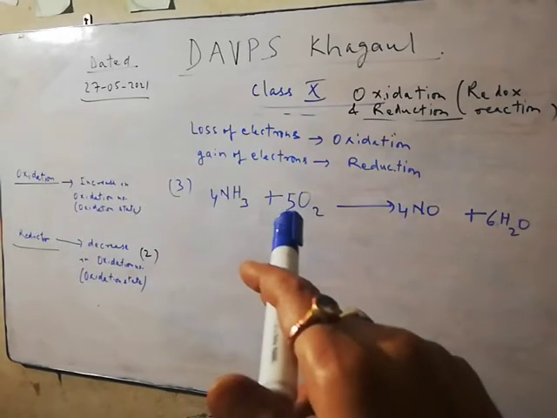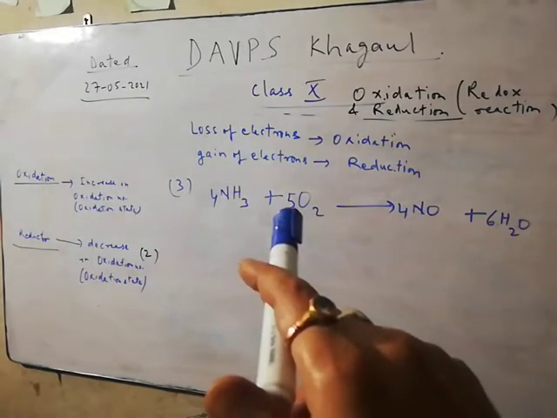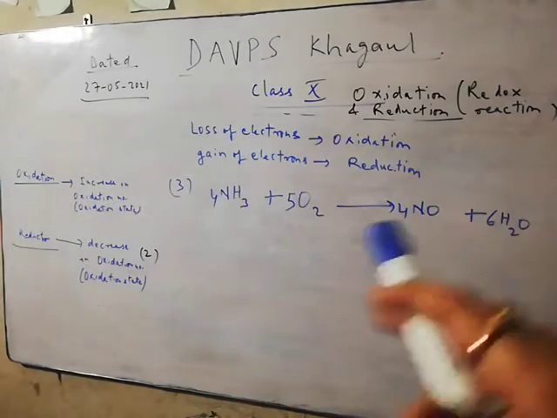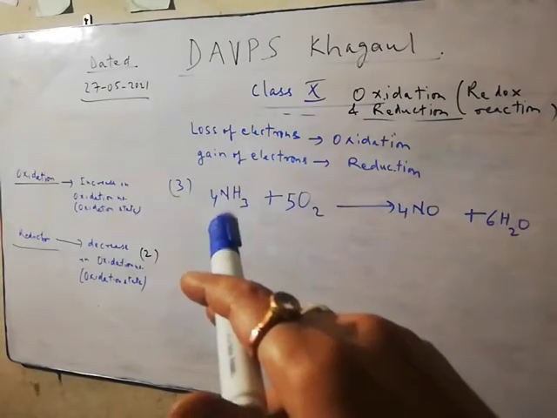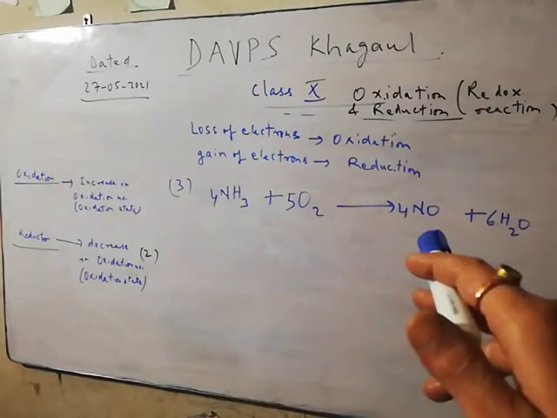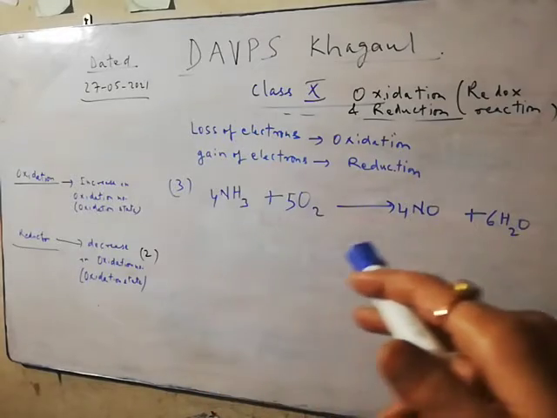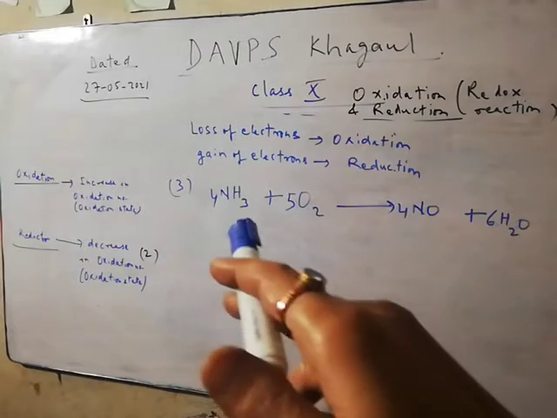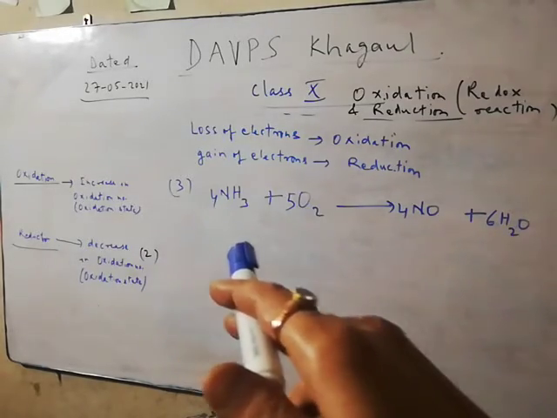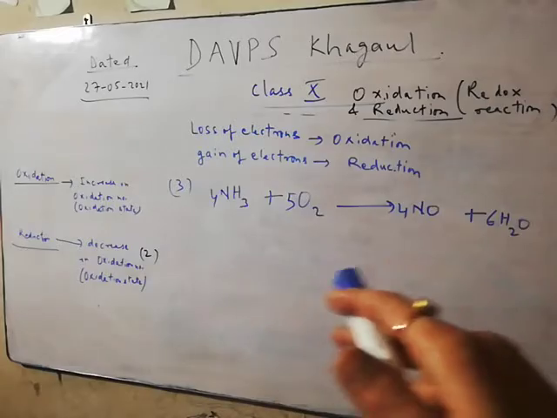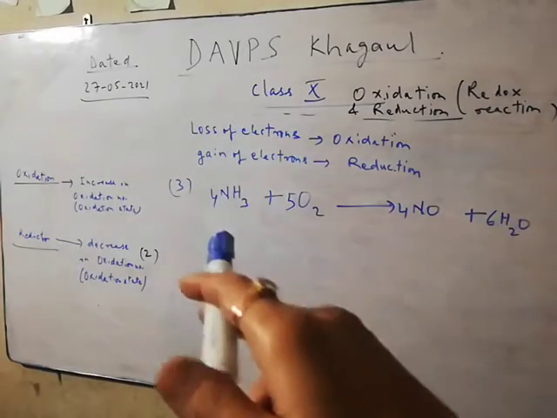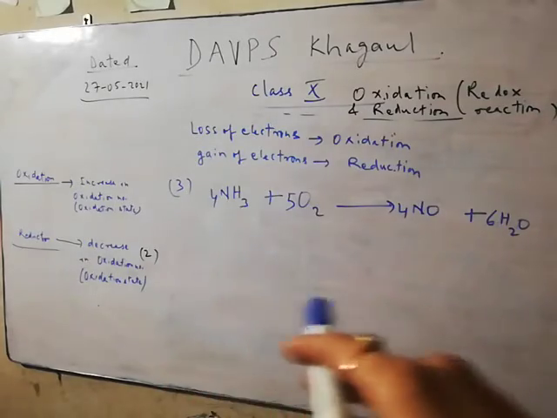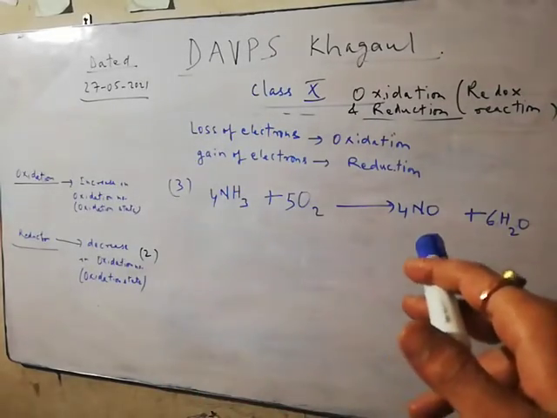Now you see oxygen O2 becomes H2O here. Here we can see nitrogen is getting oxygen and losing hydrogen also. Gain of oxygen is oxidation. At the same time, there is loss of hydrogen also, so ammonia is being oxidized to nitric oxide.